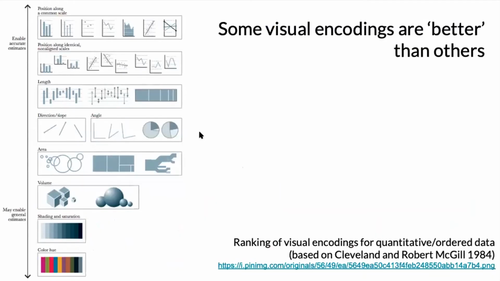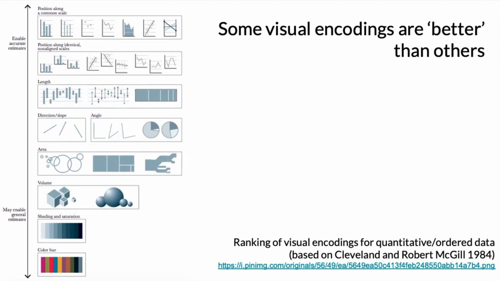Something to think about with different visual encodings, or these different visual variables, is that some are better than others. And I mean better only in the sense that, because of the way the human visual system works, we are just better at accurately judging the difference in value for certain kinds of visual variables.